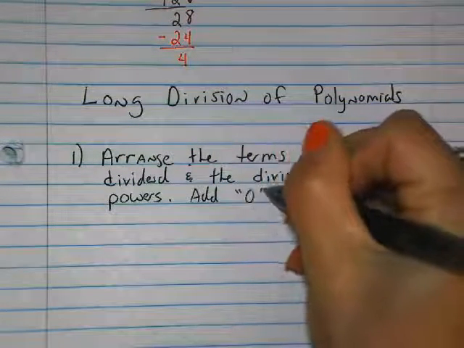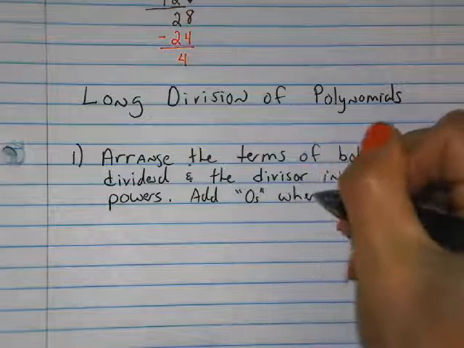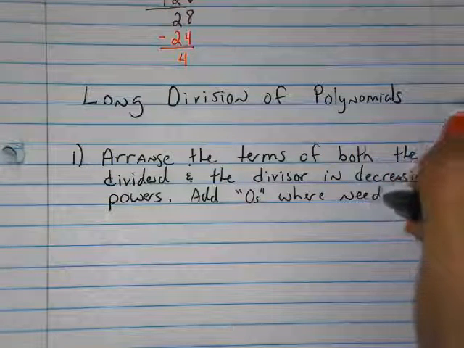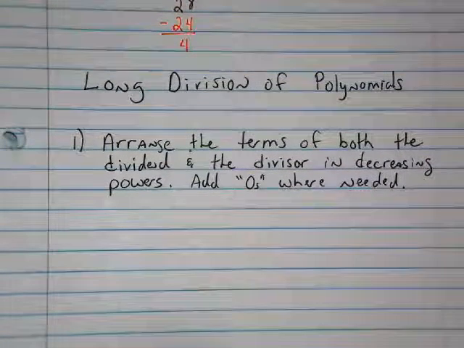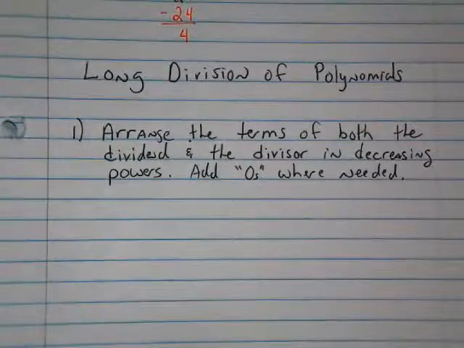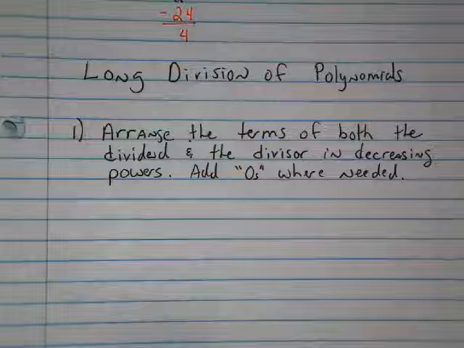Add zeros where needed. Okay, so just like normal, we like things to go in order from the largest exponent down to the smallest. So that's the first thing I want you to do, both in the divisor and the dividend.